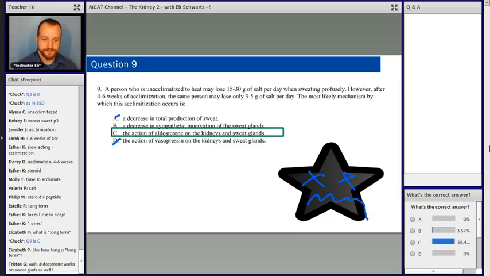Absolutely. Now, to Tristan's question, that's a great follow-up question. But the question stem describes a scenario where salt excretion drops considerably. Aldosterone does act on salt. So what hormone has a role to play in salt retention and secretion? Got to be aldosterone. Now, does aldosterone trigger sweat glands?